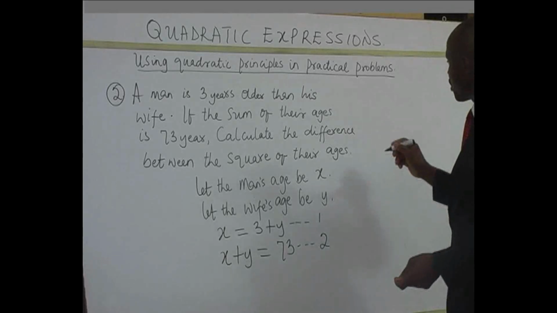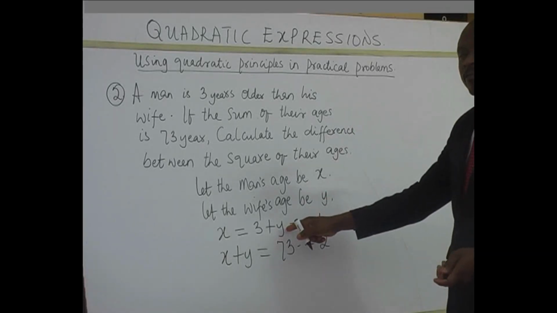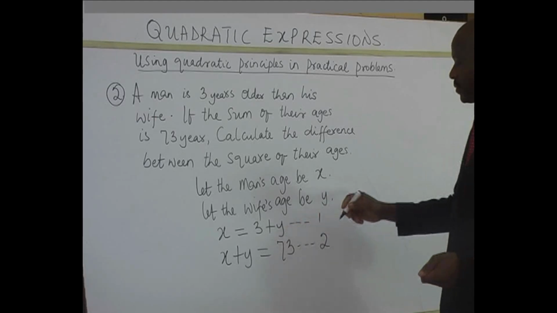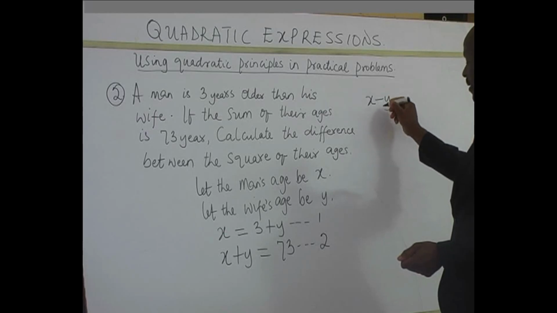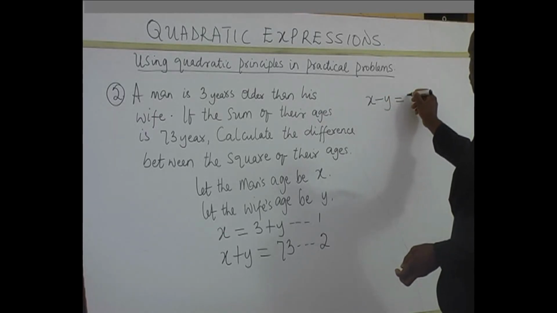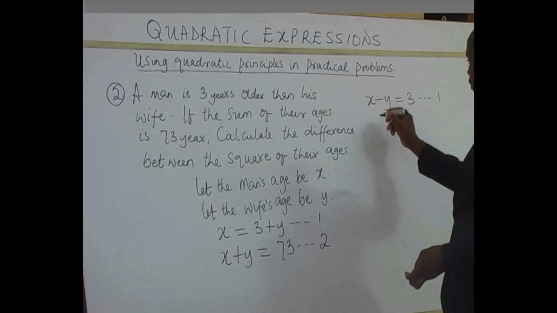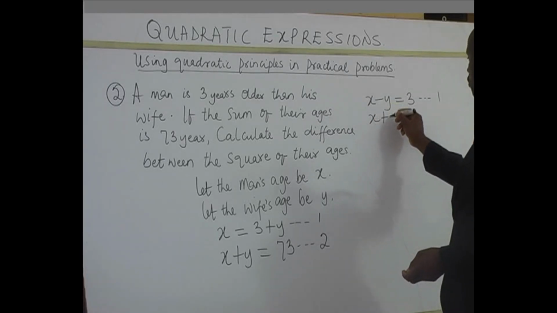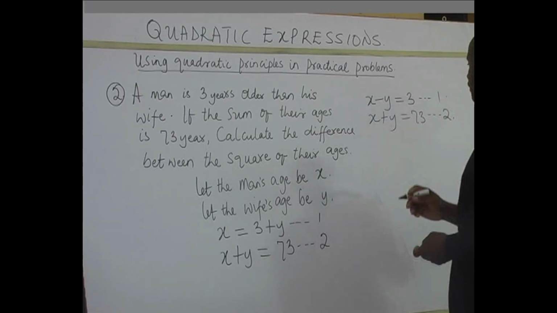In doing that, you are going to subtract Y from both sides of the equation. And when you do, you have X minus Y is equal to 3. That will be the first equation. While the second equation is X plus Y is equal to 73. That is the second equation.